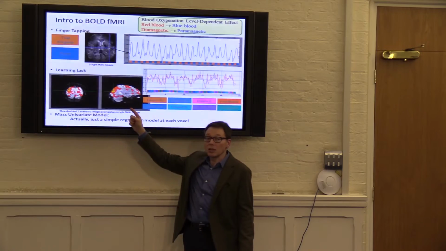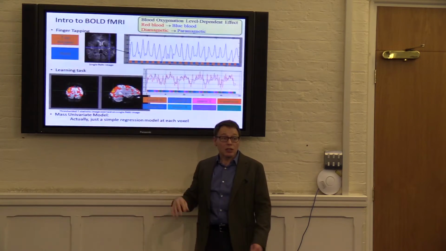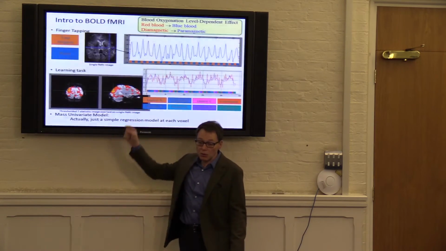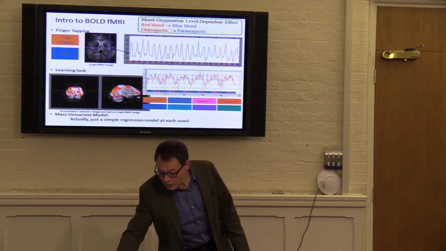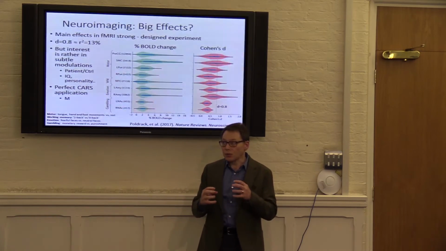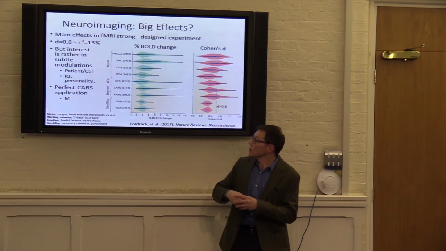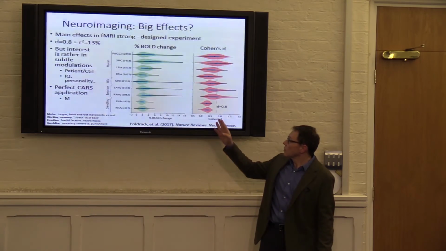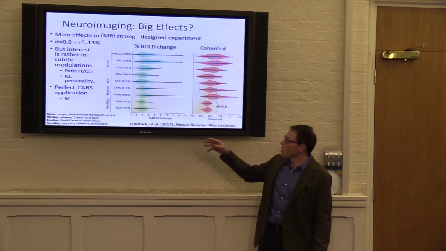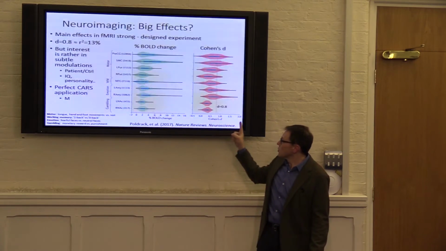There are lots of parts of the brain, if the experiment is well designed, that show no response, but there is an overall response at some areas. And so the interesting thing, and what excited me about this work, was then actually seeing differential effects. This is just something to note, that this is evidence that we have some strong differential effects. So for fMRI, for a number of different experiments, I just point you to this Cohen's d.